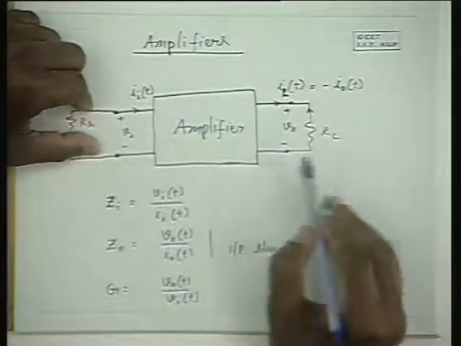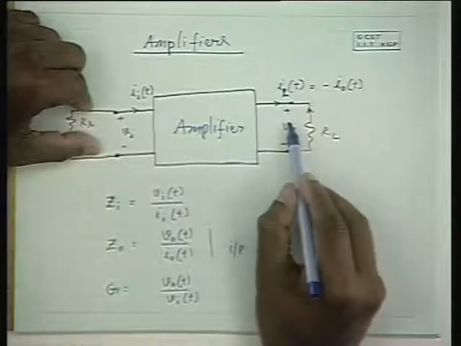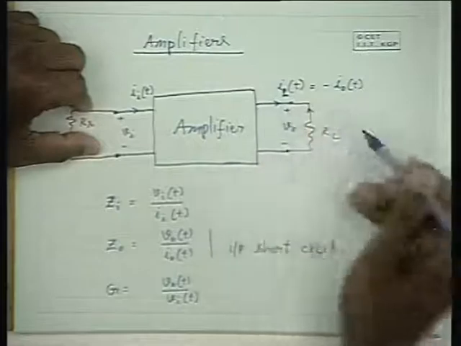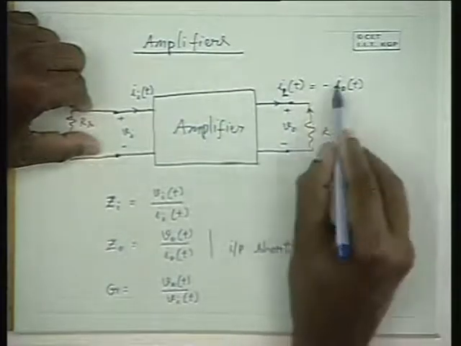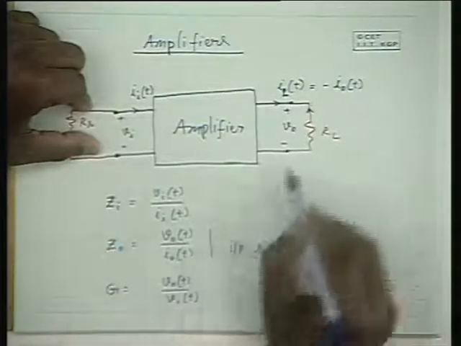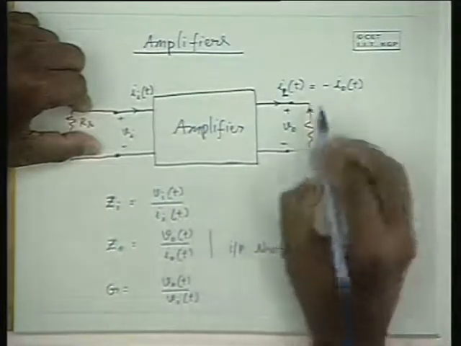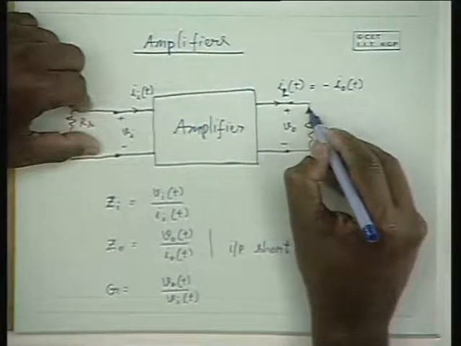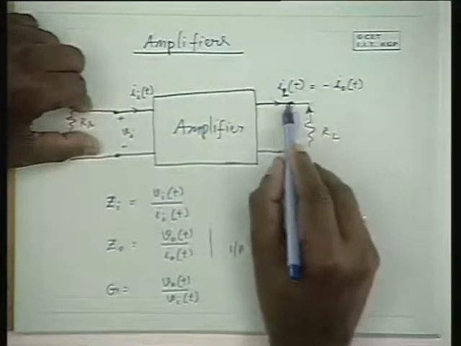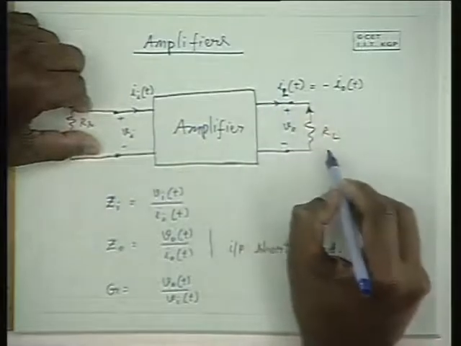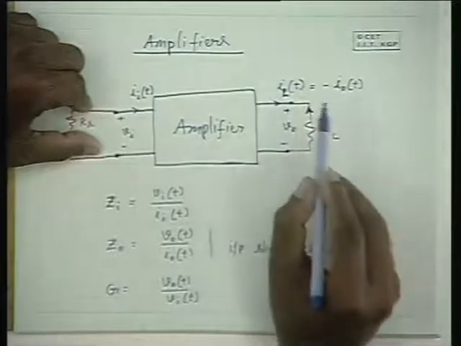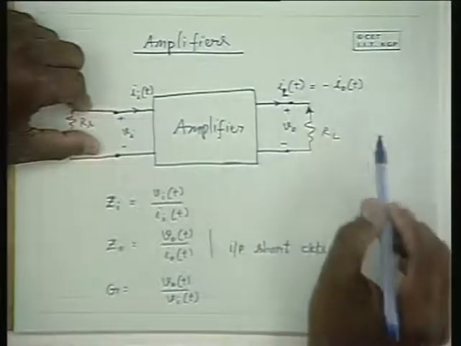Then you will find some current going into the output terminals, I0T. So V0T divided by I0T is the output impedance. The I0T is the current which is going into the terminals, whereas the load current is the current going into the load. Therefore, I0T is equal to minus ILT, or ILT is equal to minus I0T.